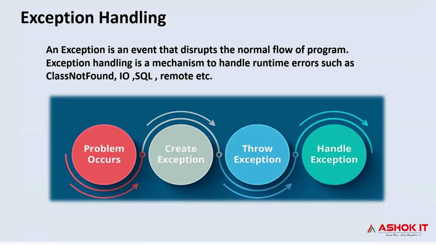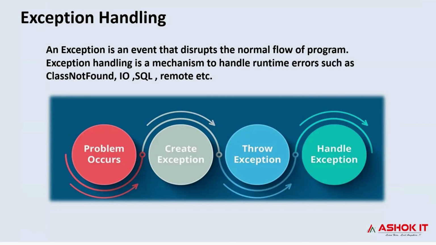It can occur for many different reasons. Say a user has entered invalid data, or a file that needs to be opened cannot be found, or a network connection has been lost in the middle of communication, or the JVM has run out of memory.